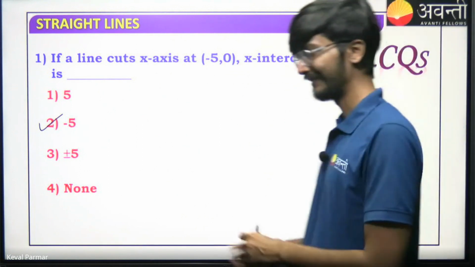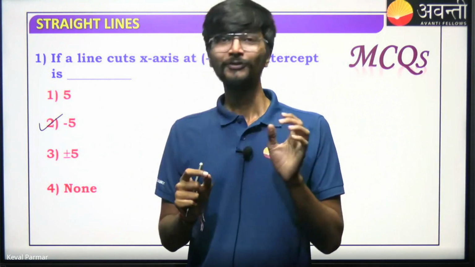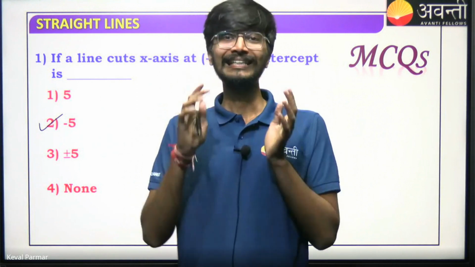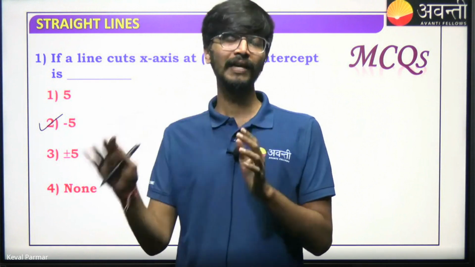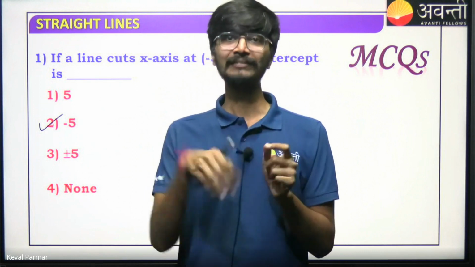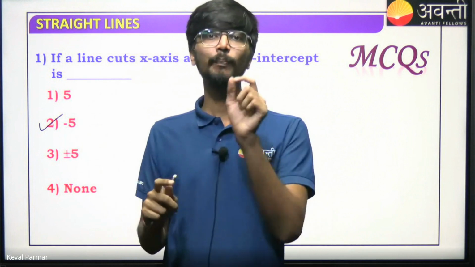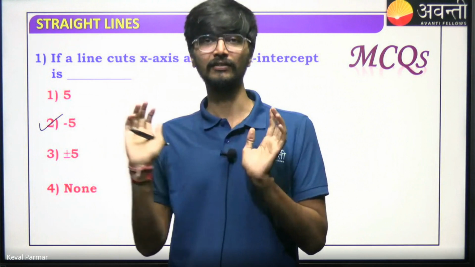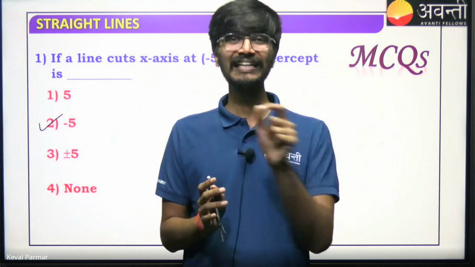Please note, I think you must have been confusing intercept with distance. Let me tell you, distance and intercepts are different. You are saying distance is 5, that is very correct. But intercept has a sign. That means it can be positive or negative. If the intercept is positive, the line cuts the positive axis. If the intercept is negative, the line cuts the negative axis.